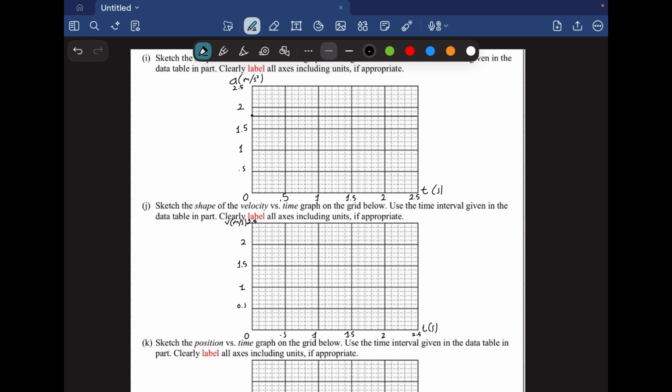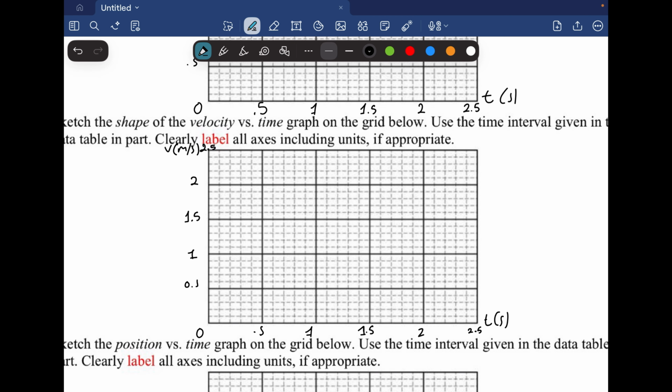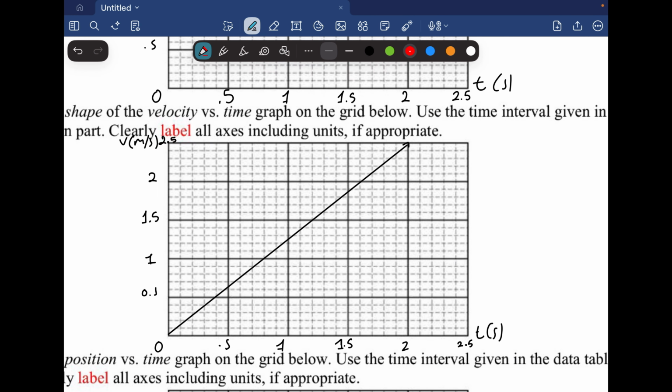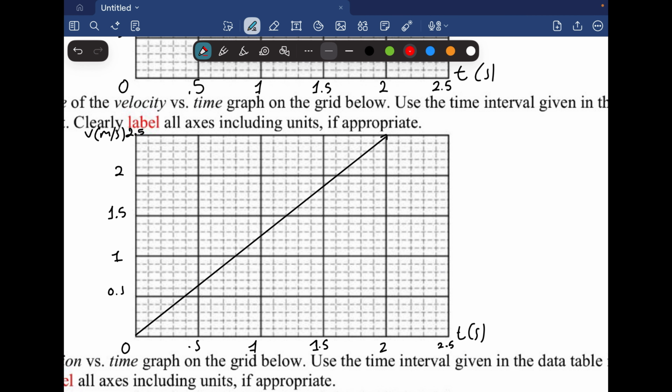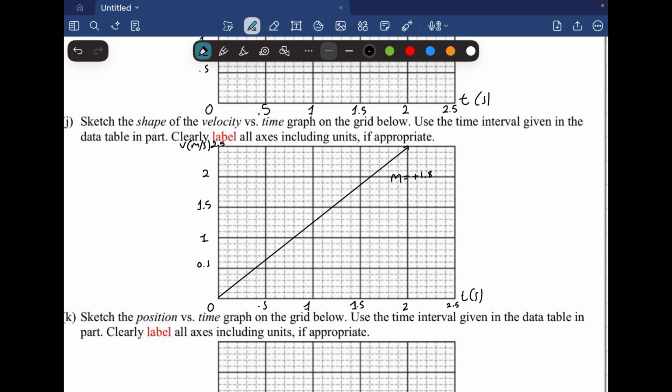And then it would look like this. So it's a linear line, and the slope of this line would be positive 1.8, right? Meters per second squared. That's the slope of the line. Okay.